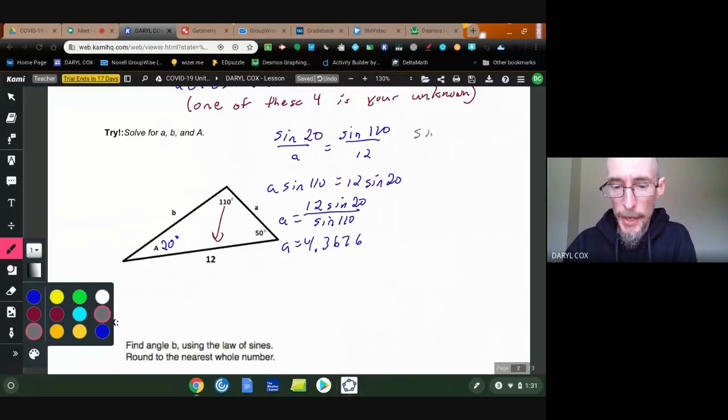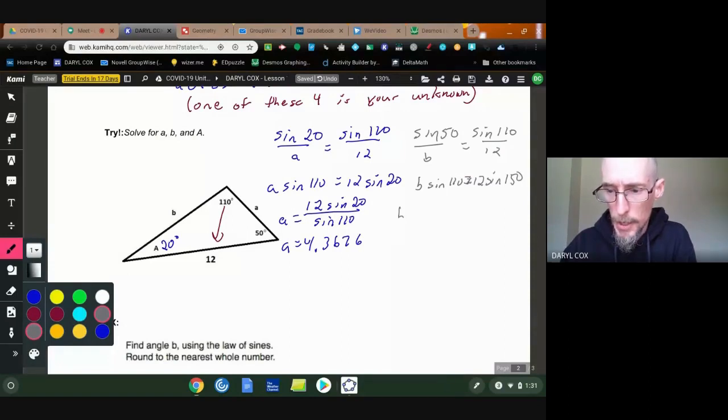To get B, same idea. I'm going to do the sine of 50 over B, and I'm going to use the same two given things, sine of 110 and 12. So I can cross multiply again. B sine of 110 equals 12 sine of 50.